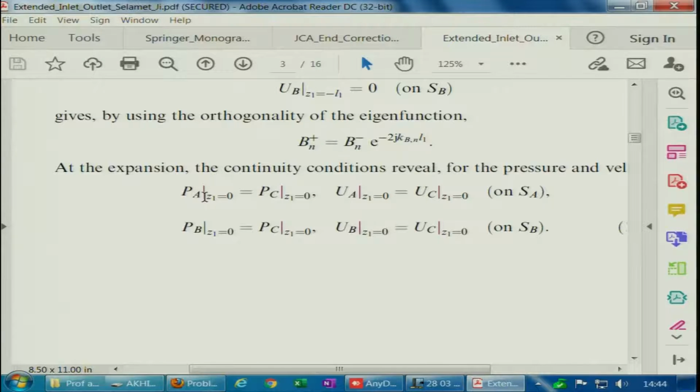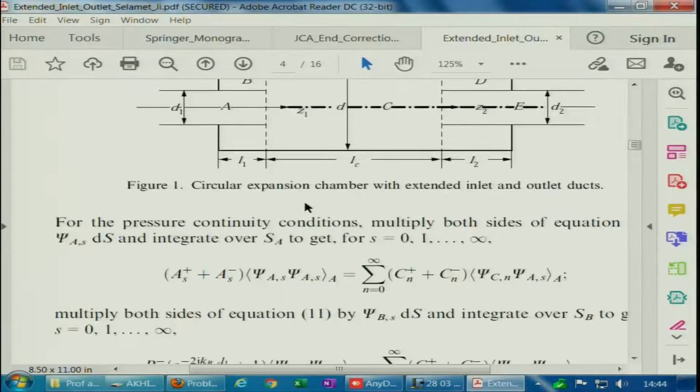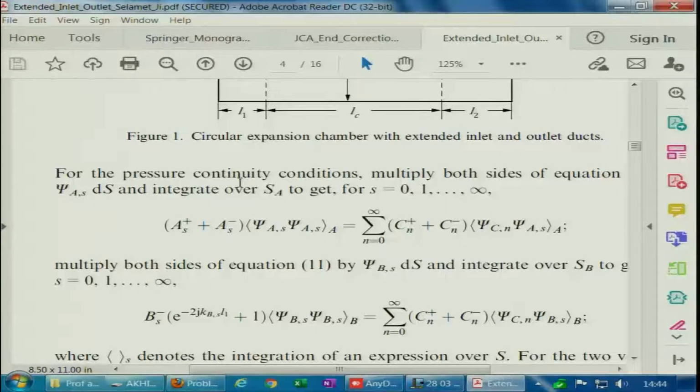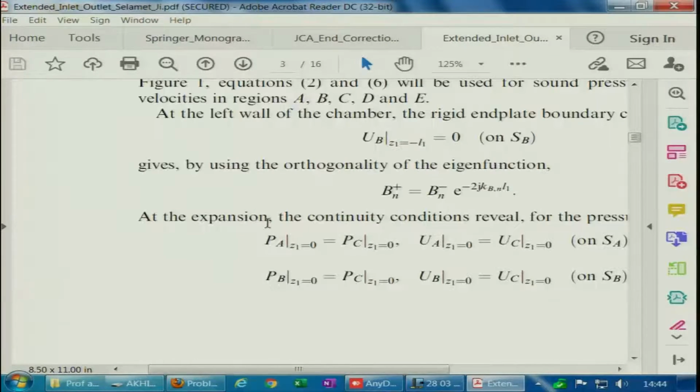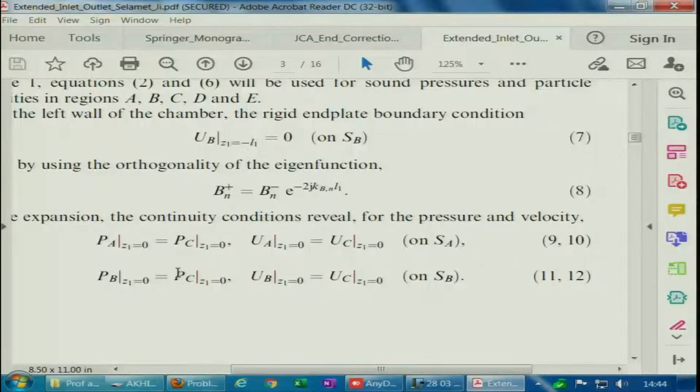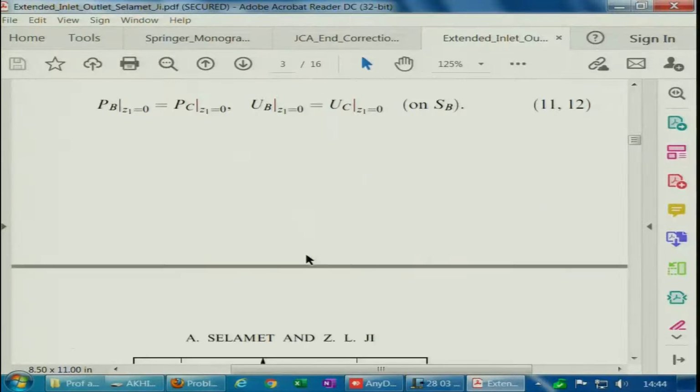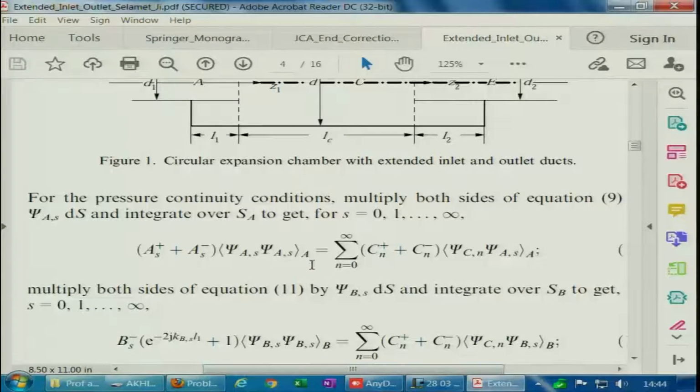Well, we expand Pa and Pc in the modal summation solutions that we have just got, and, as Salamet and Lee mentioned, for the pressure continuity condition, we multiply both sides of equation 9, which is basically the first one, and equation 10, by the modal function. Equation 9 is multiplied by the modal function psi a for the duct, and again mode orthogonality will apply.